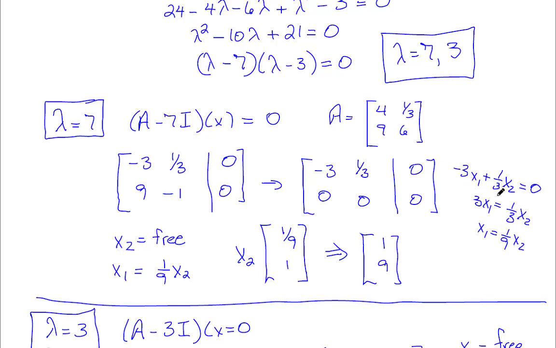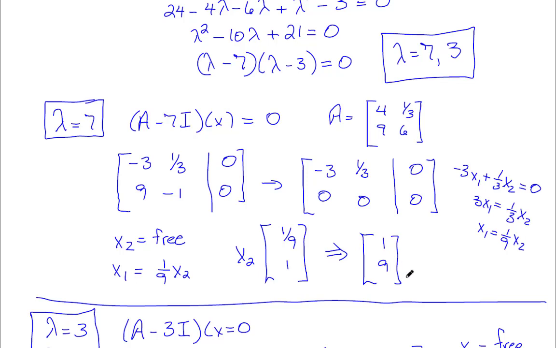Minus 3 x1 plus 1/3 x2 is 0. So multiplying through by negative 1 and moving this to the right, I get that x1 is 1/9 x2. So you could use 1/9 and 1, or getting rid of the fraction, multiplying through by 9, I get 1 and a 9.